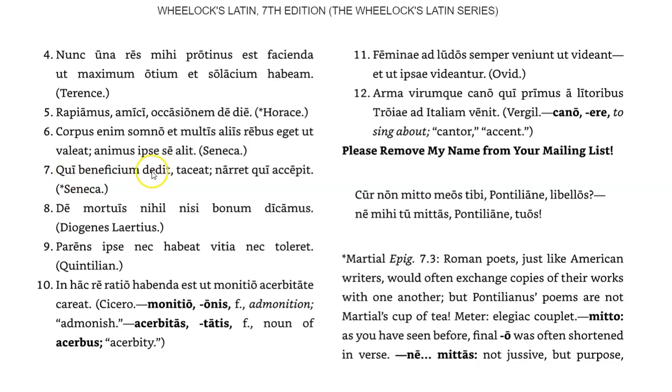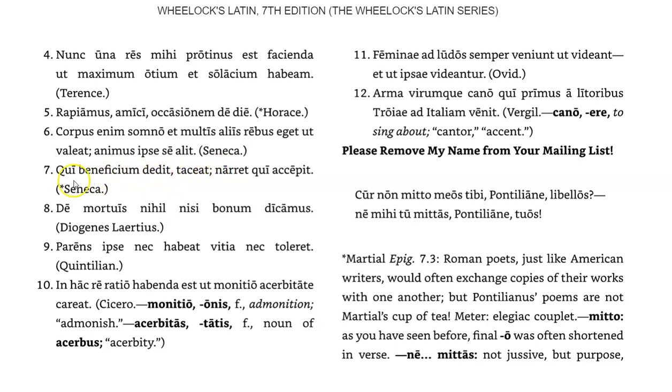So whoever, literally whoever gave a gift, he or she should be silent. Whoever receives should talk. You can see how in English we often use should or would.